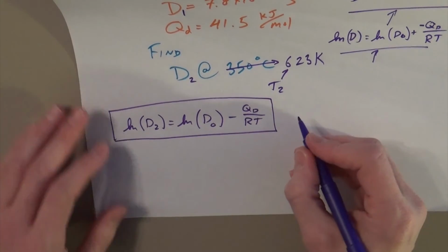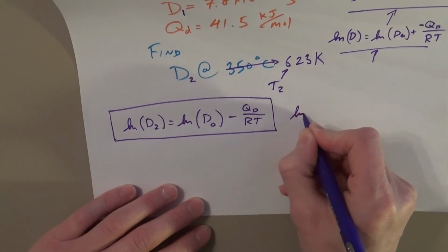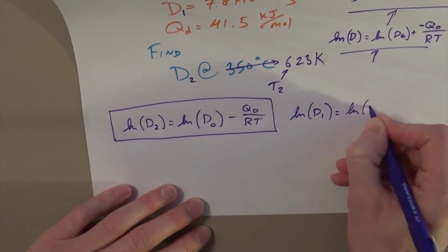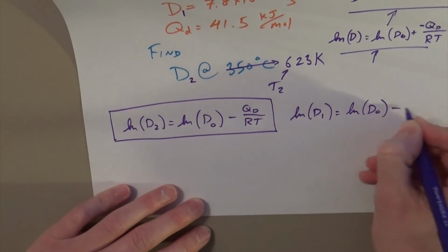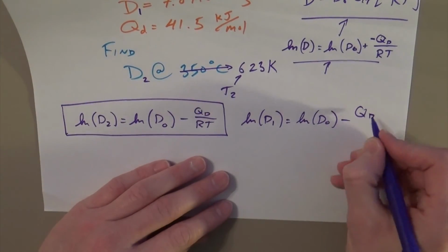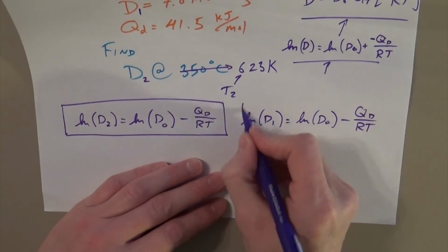And the other equation is ln D1 equals ln D0 minus Q_D over RT1.